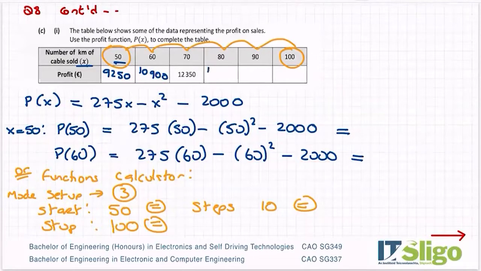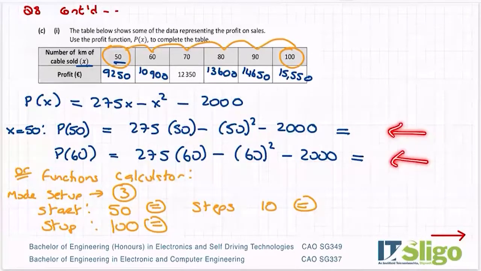Hit my down arrow and I'm getting 13,600 for 80, 14,650 for 90, and 15,550 for 100. Okay, so it doesn't matter which way you do it. It's whichever way you see. Whether you do it manually this way or in the calculator, it doesn't matter. You're going to get the same answer.